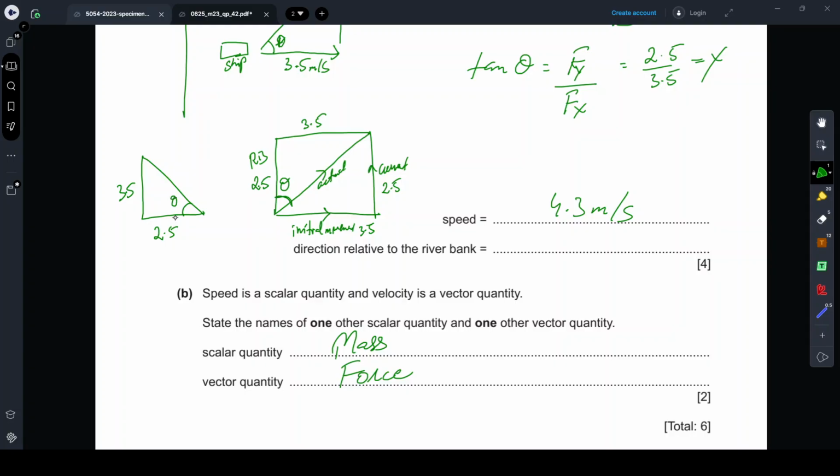And in this case, when we try to find tan theta, it's Fy over Fx, which will give us 3.5 divided by 2.5. Then you take a tan inverse of that, and you will get the answer that you're supposed to get, which is 54 or 55 degrees when you round it up.